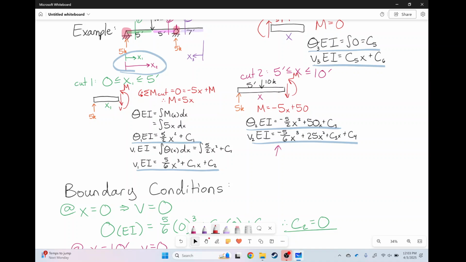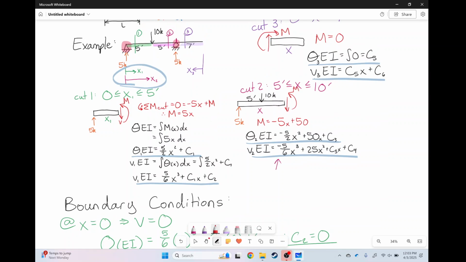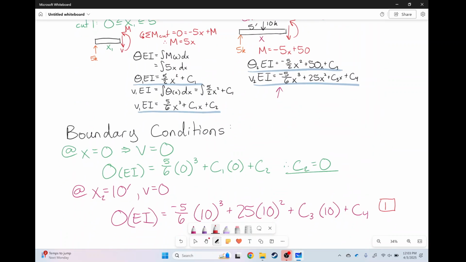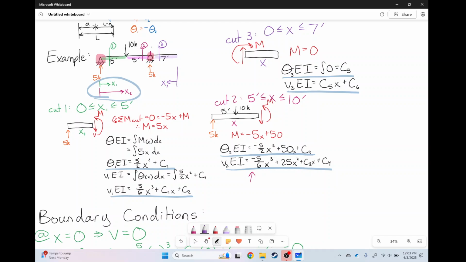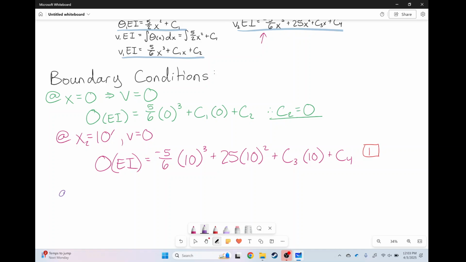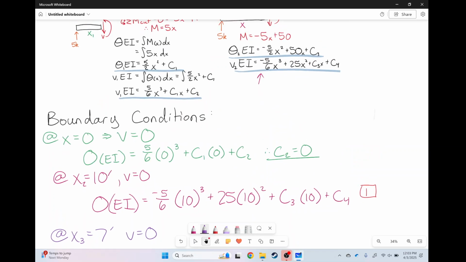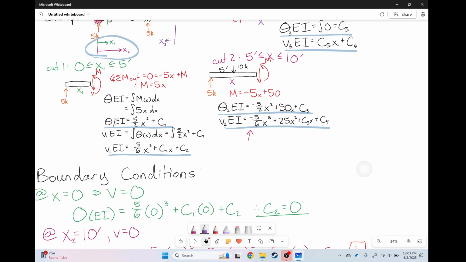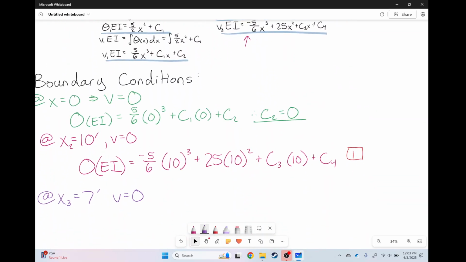So any other boundary conditions? Technically, we also have that when x3 is equal to 7, if we go the other way, that's also there at that roller. So at x3 equal to 7 feet, we also have our deflection equal to 0, but it is the deflection 3 equation, so that's C5x plus C6.